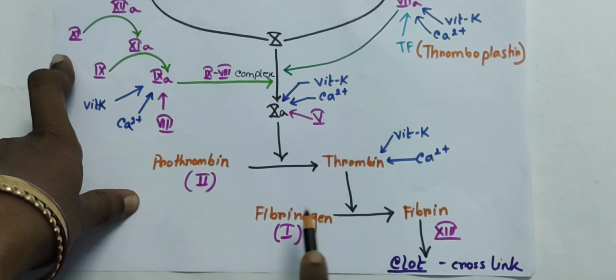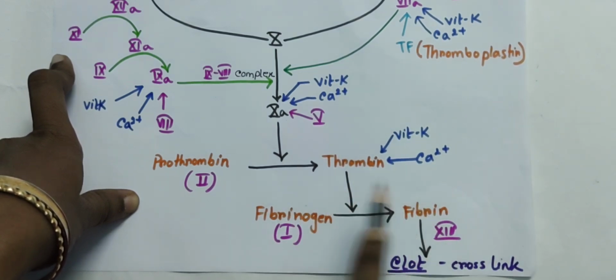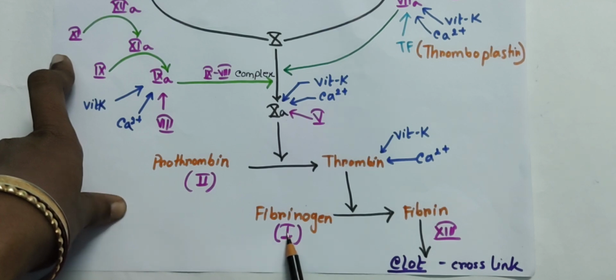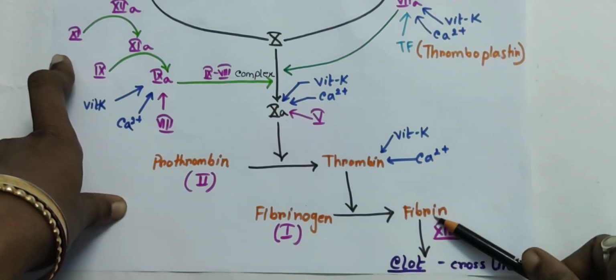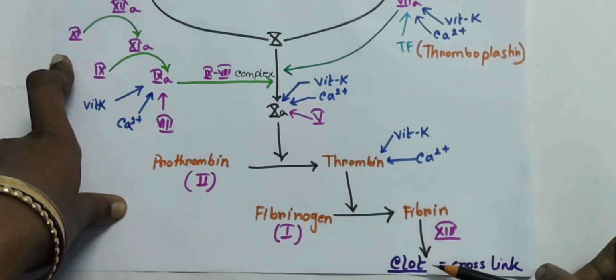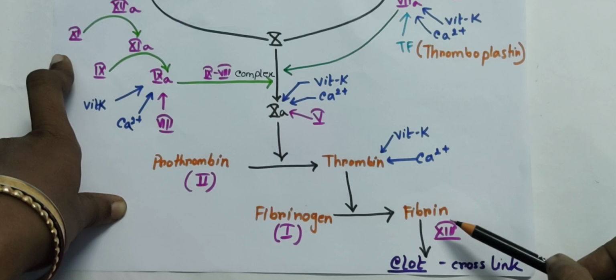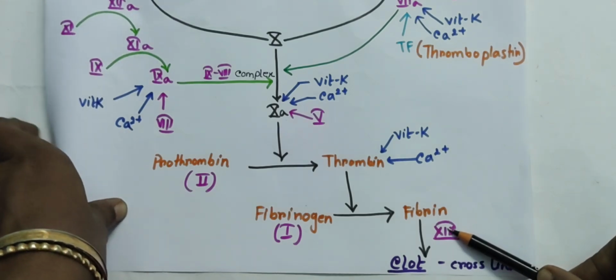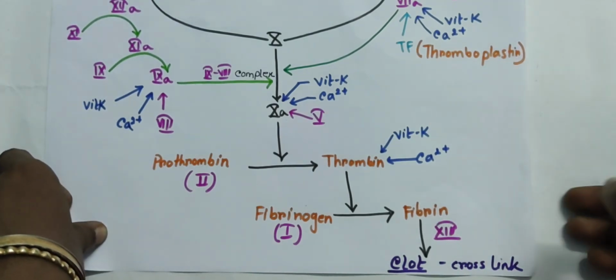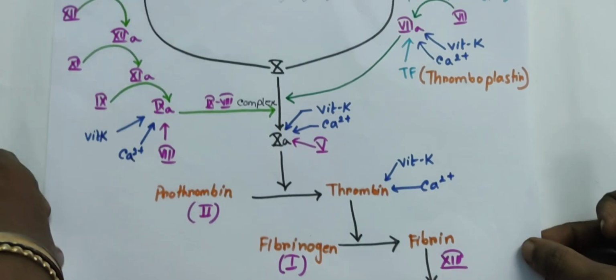That thrombin also converts the fibrinogen to fibrin. Fibrinogen is factor 1. Now fibrin forms the clot by the activity of factor 13. So these are the steps of the blood clotting procedure.